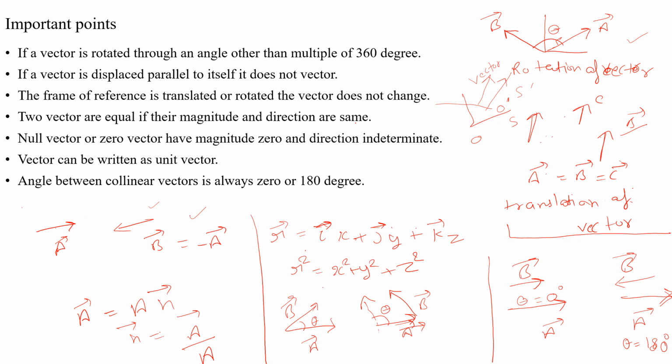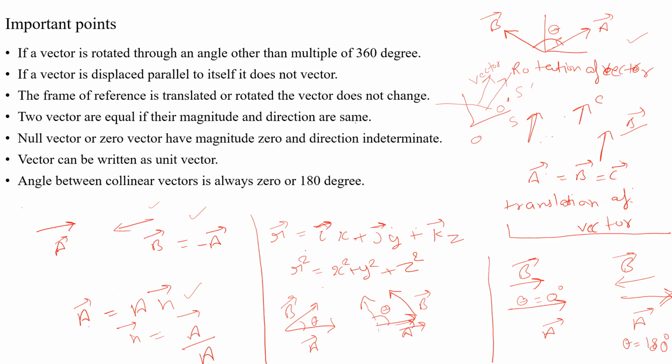Next, any vector can be written as a product of a unit vector in the direction and the magnitude of the given vector. Here we see a vector is equal to a n vector. Now n vector is equal to a vector divided by a. Next, unit vectors along x, y and z axes are usually represented by i vector, j vector and k vector respectively.